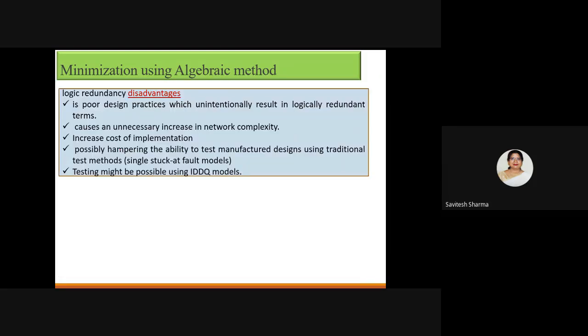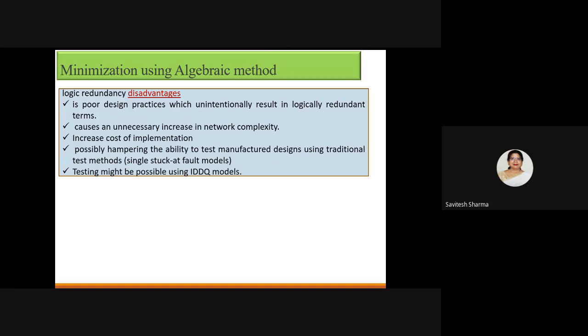What are the disadvantages of redundancy in the circuit? If you are designing a circuit and unintentional redundancy is there, it will give you a poor design.